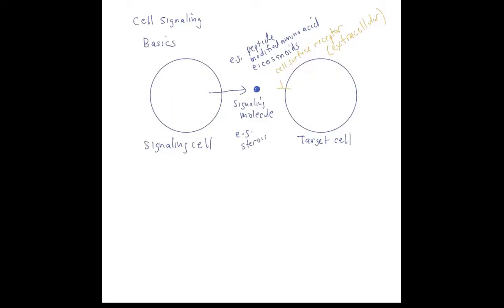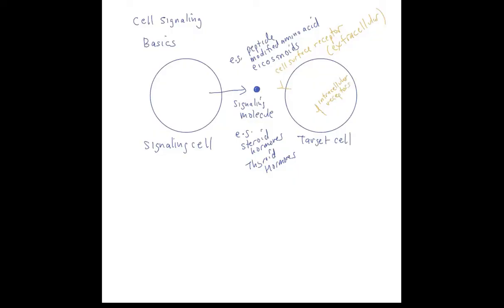We also have signaling molecules that can go and get into the cell. These would be examples like steroid hormones that are derived from cholesterol, and also thyroid hormones. So these signaling molecules have the capability of binding to receptors that are located on the inside of the cell. So we call these intracellular receptors.